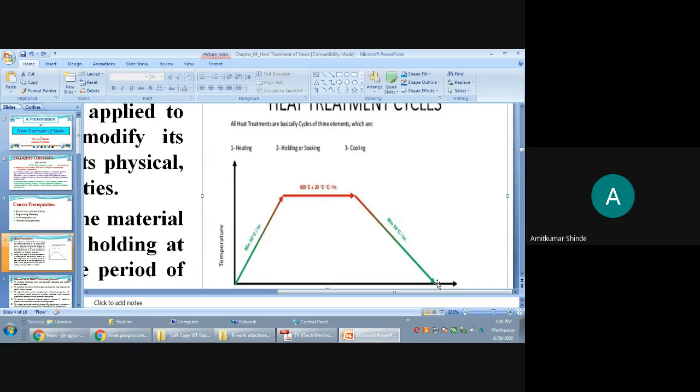Okay. Now, which heating mediums can be used to achieve this? From room temperature, to heat that steel component above 600 degrees Celsius, above 800 degrees Celsius, or above 1000 degrees Celsius, here we require some heating medium. You can perform this heating in air, in oil, or using a salt bath.